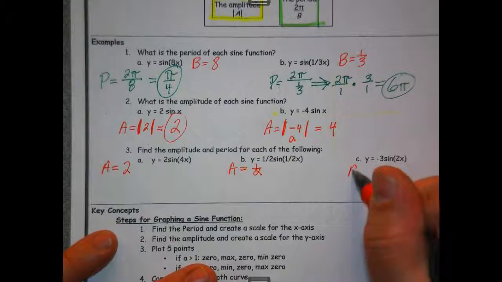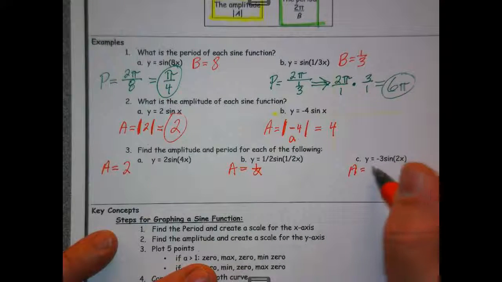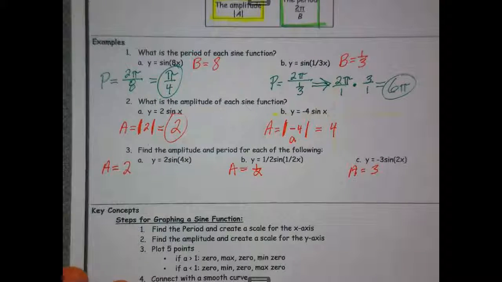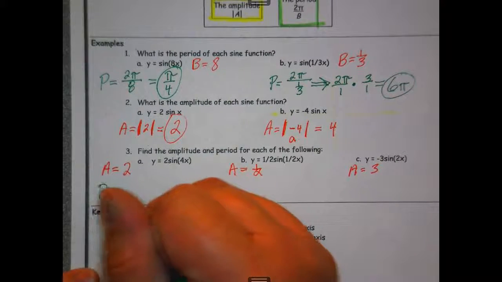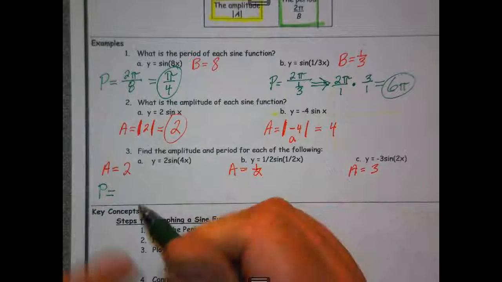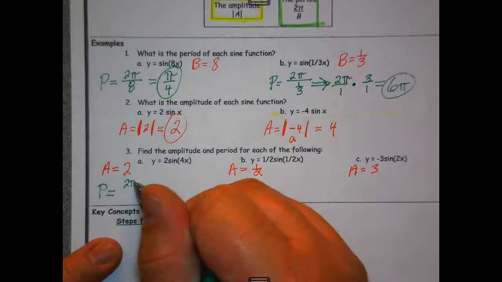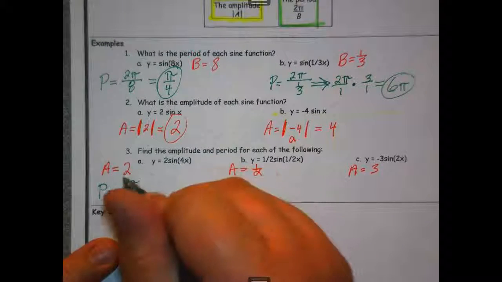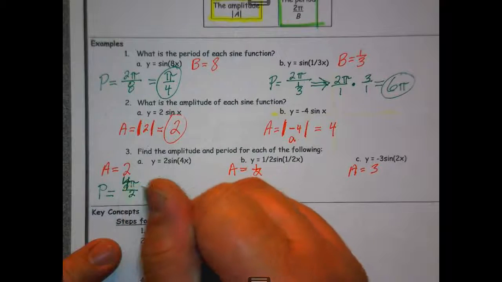And what's the amplitude for 3c? Okay. What's the period for 3a? 2 pi over 2. I'm sorry, 4 pi over 2. 2 pi.